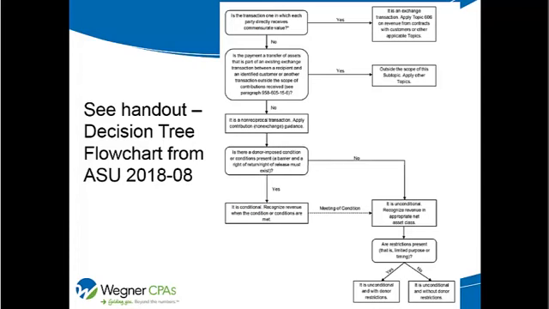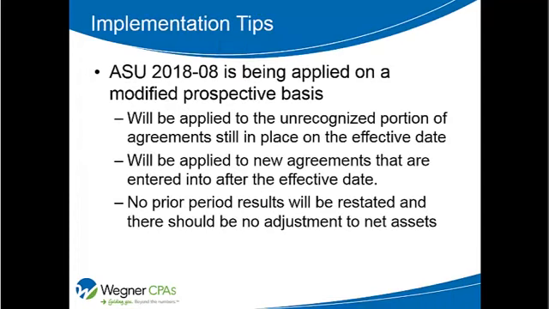So implementation tips for this one. ASU 2018-08 is being applied on a modified prospective basis. So we're going to look forward. We will apply this to any unrecognized revenue for agreements that are still in place on the effective date. Again, this was going to be effective for calendar year 2019, so a year from now.